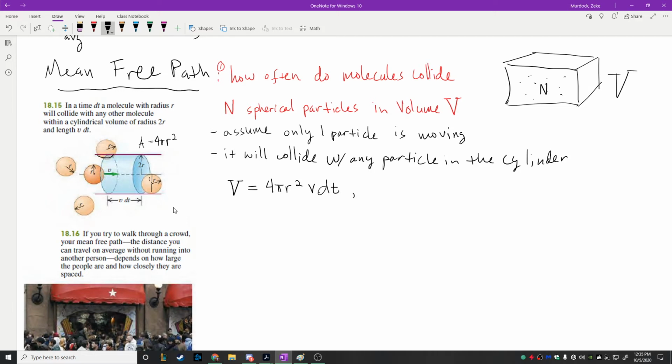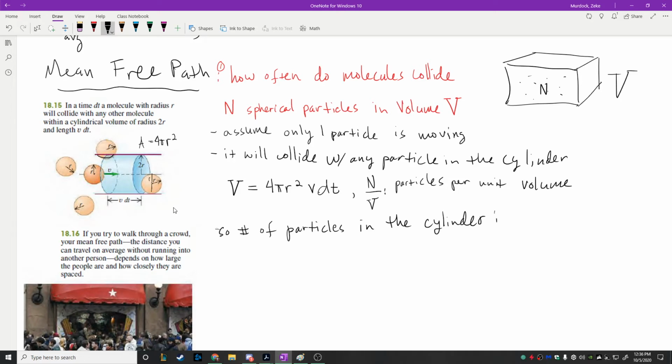And we know that there are n over V, the number of particles per unit volume, effectively like the number density. Okay, so the number of particles that are actually inside of this cylinder, can anyone tell me, what would it be?